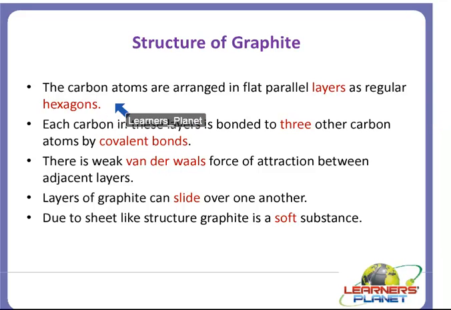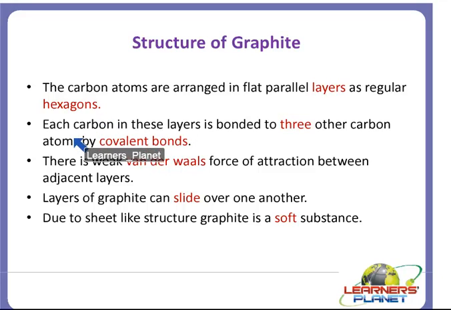Now graphite is used in your pencil leads. You must have seen it is soft and slippery. Why? This is again due to the difference in arrangement of the carbon atoms. Now the carbon atoms are arranged in flat parallel layers as regular hexagons. These are arranged in layers. And how was that in your diamond? It was a three-dimensional network.